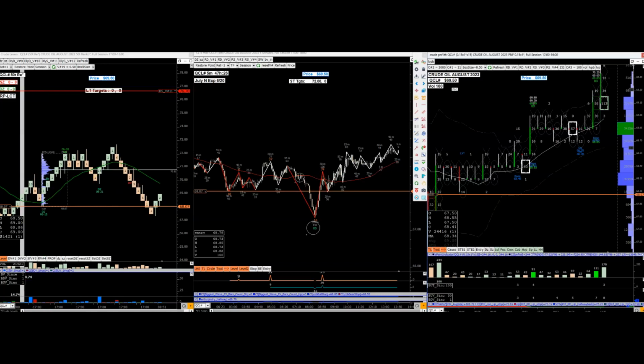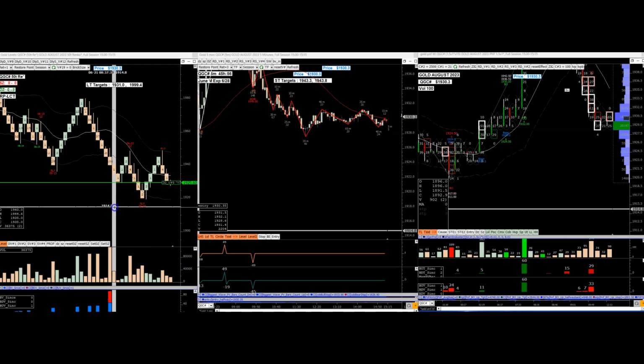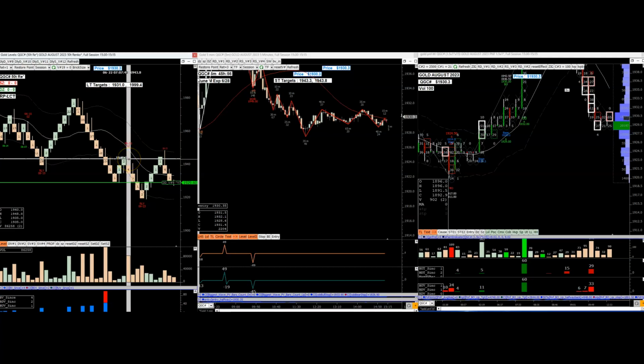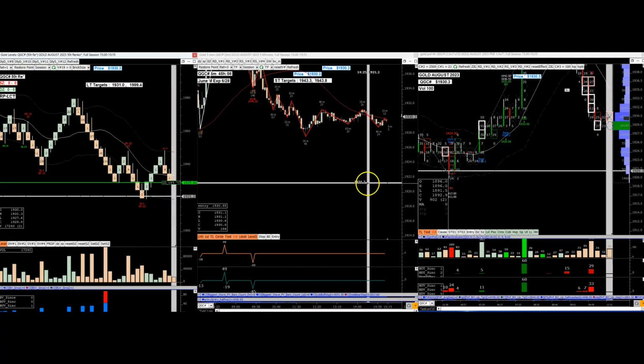Okay? Now I'm going to show you a distribution structure. First thing to know, this was the only trade that was with trend. This was a trading opportunity, but it's with trend. And what do you know? When you trade with trend, in my opinion and in my experience, you have fewer shakeouts.